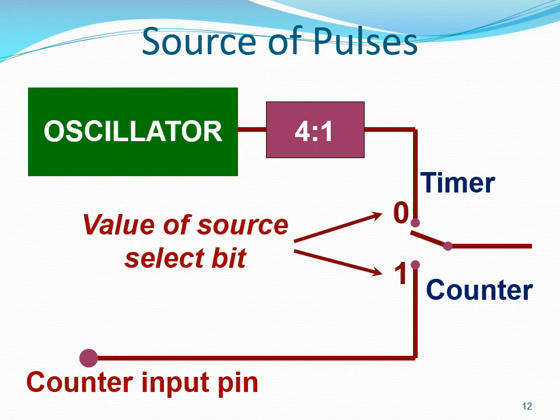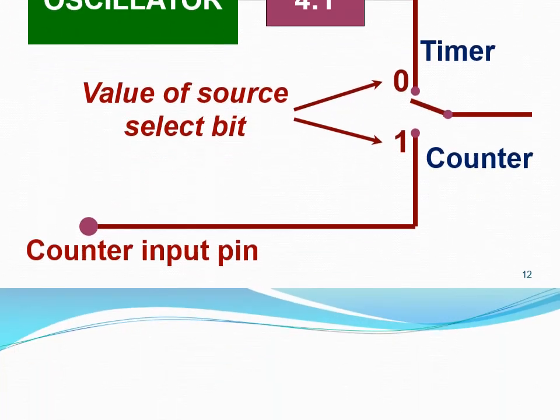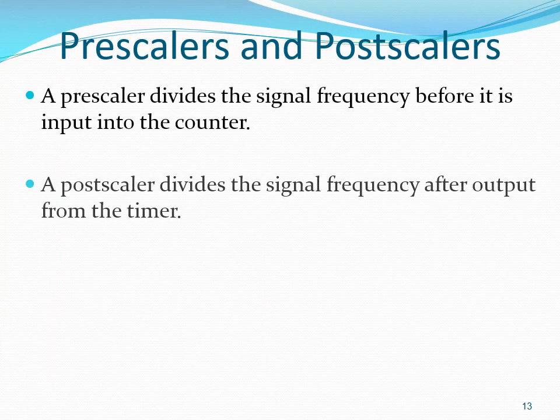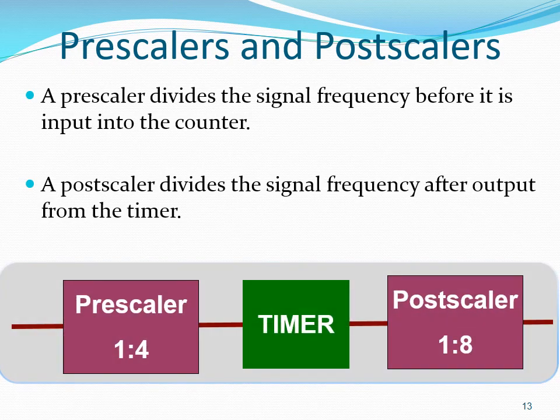In the counting mode, the timer counts the number of pulses that are received from an external source via a counter input pin. Prescalers and post-scalers are used to increase the counting range.